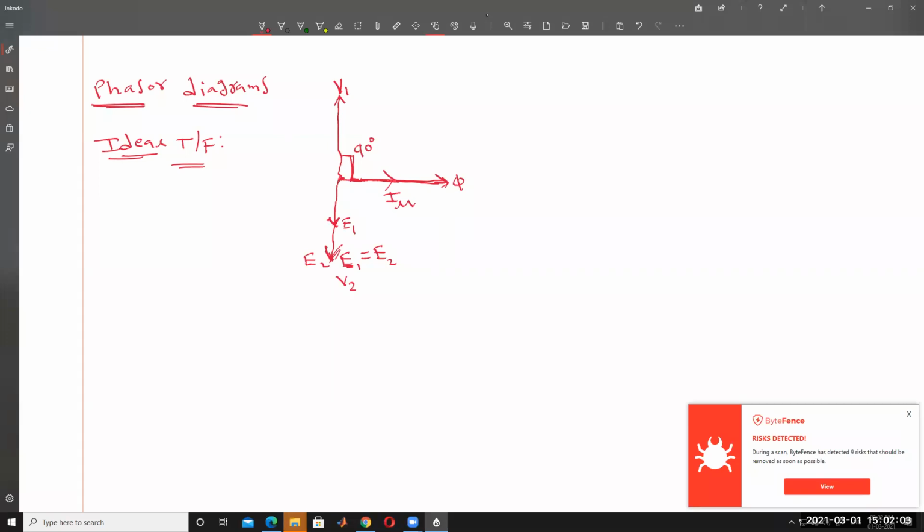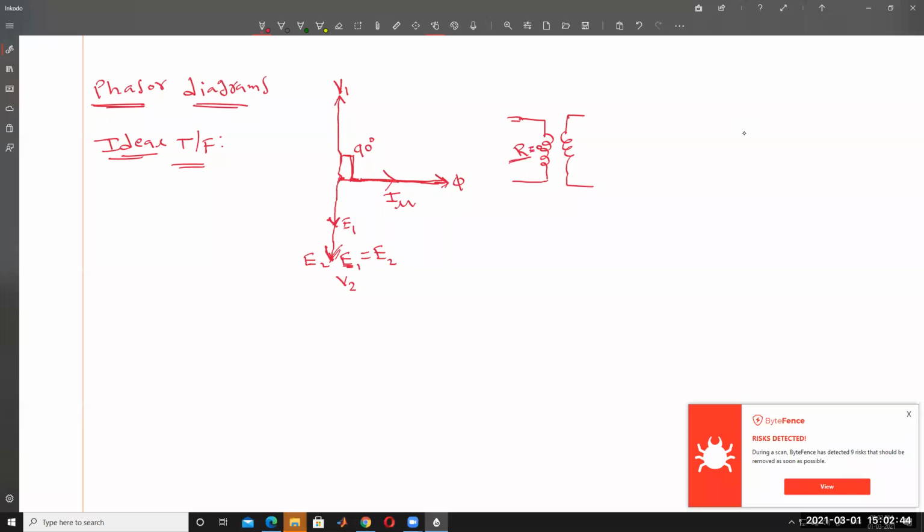Under an ideal transformer, there is no wattful component. This is the winding resistance at the transformer primary side. Winding is generally used on the primary and secondary side. The winding resistance of the transformer winding is equal to 0 for the ideal case.